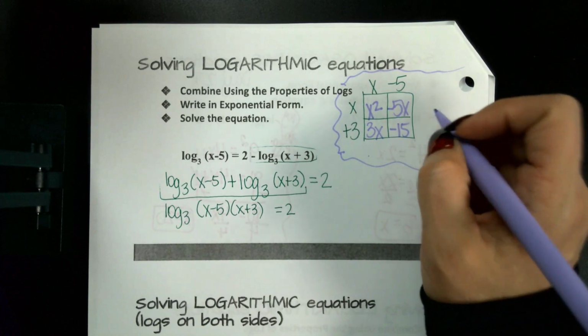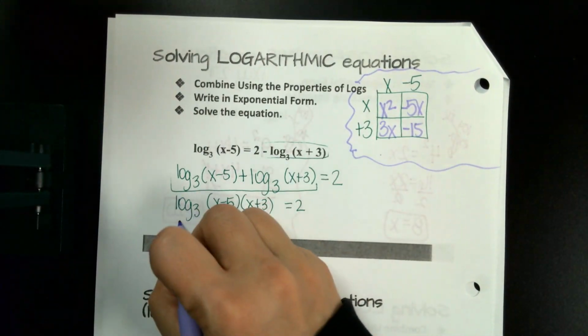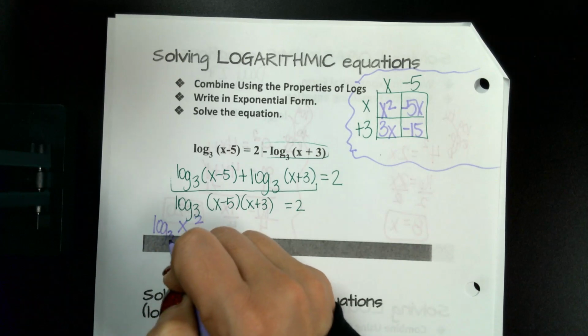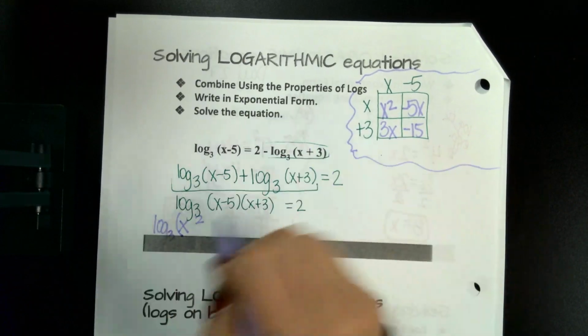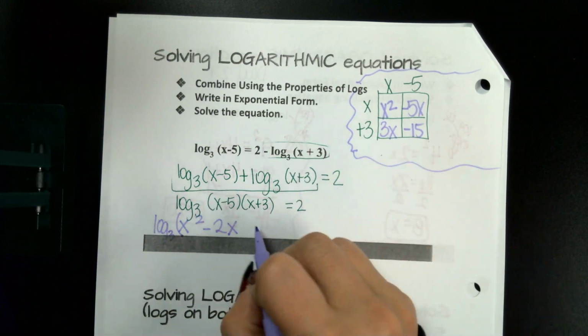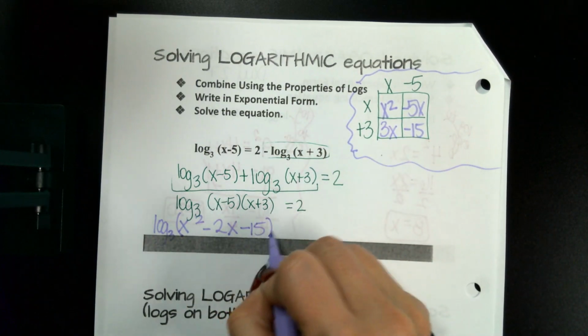So what's that all going to give me? X squared minus 2x minus 15.